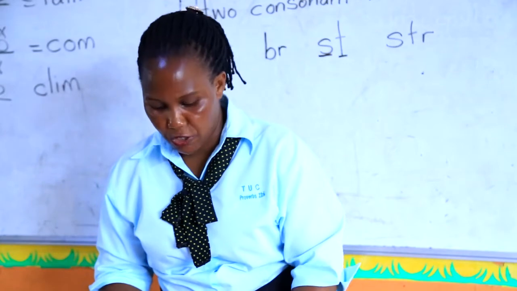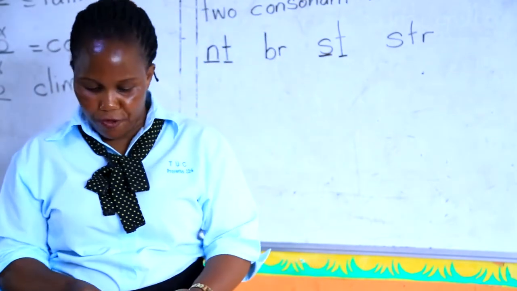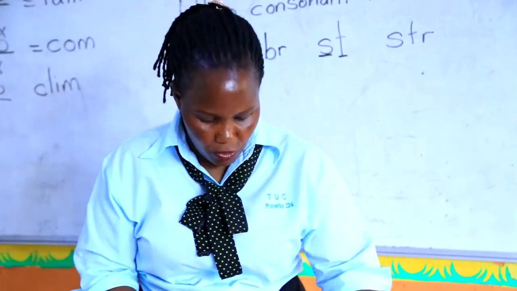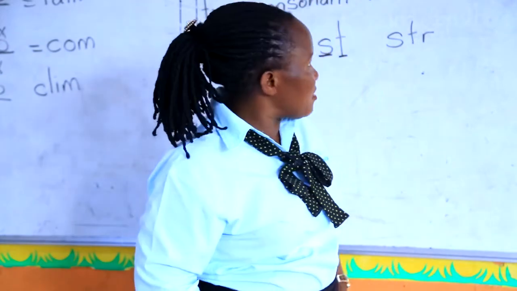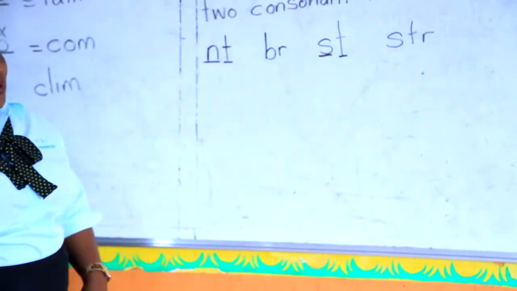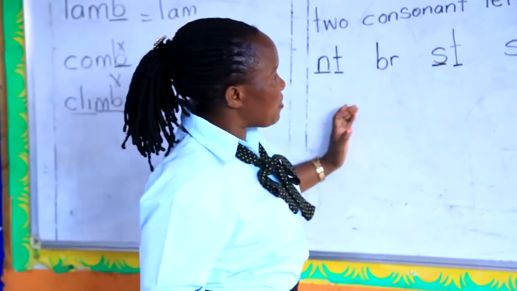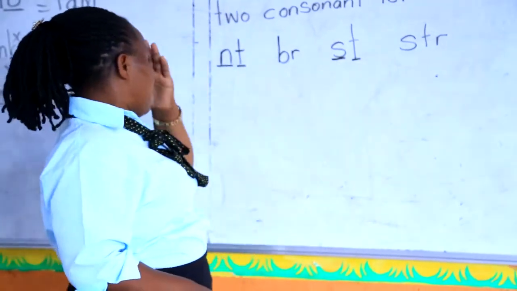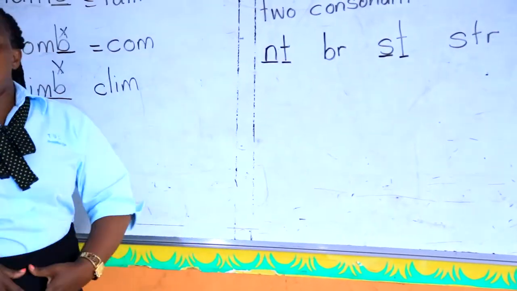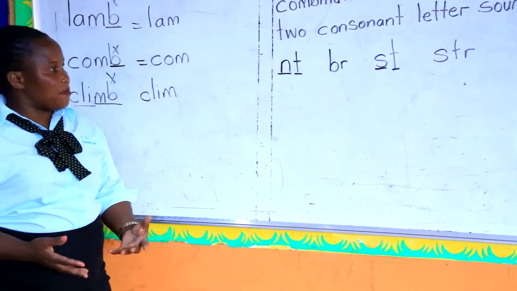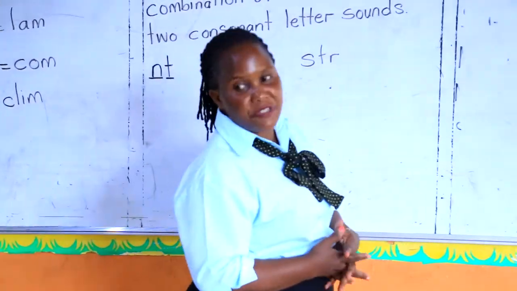Don't forget, a consonant blend is a combination of two or more consonant letter sounds. These letters can be two or three, and when you're pronouncing them, every sound must be heard.